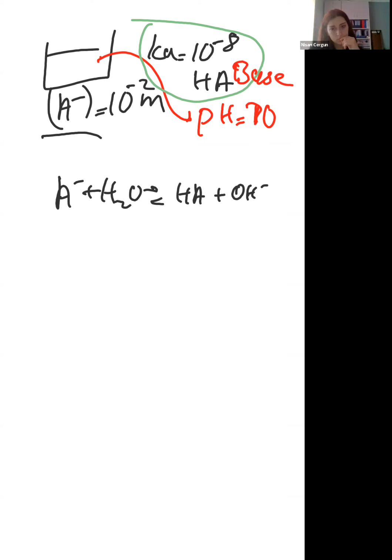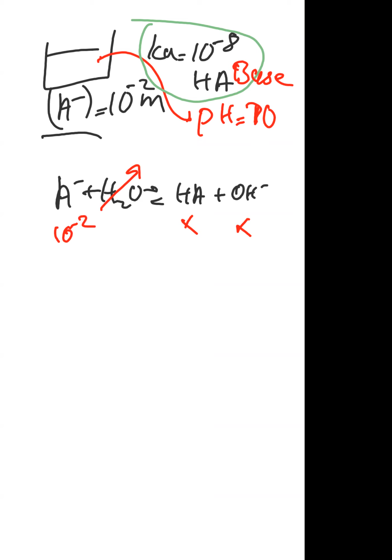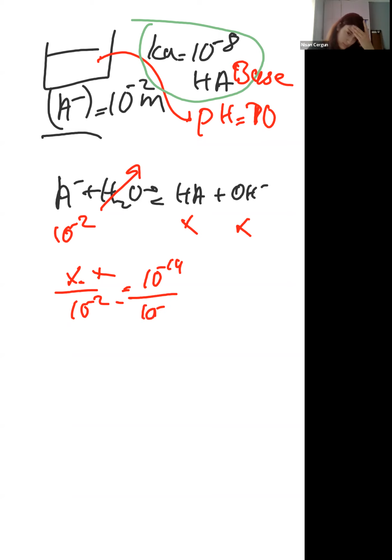And after the reaction, we should produce some amount of OH, whose concentration is X. The A minus is 10 to minus 2, and X times X over 10 to minus 2 will be 10 to minus 14 divided by what? It's 8.